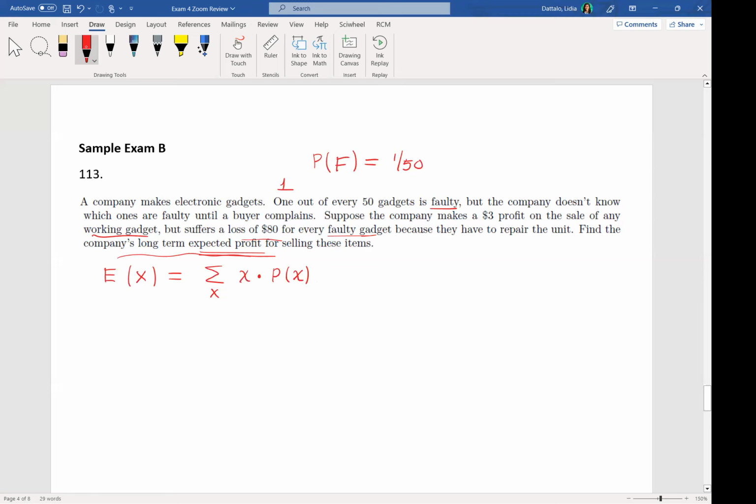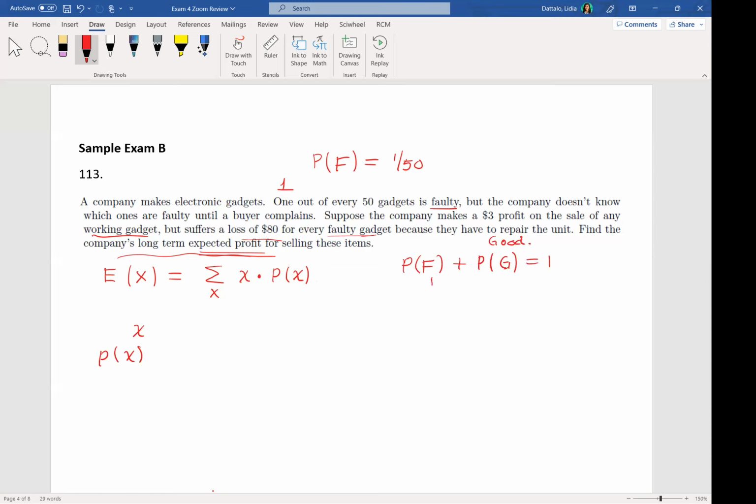So first of all, let's go with X and the probability of X. By the way, the probability of F plus the probability of a good gadget has to equal 1.